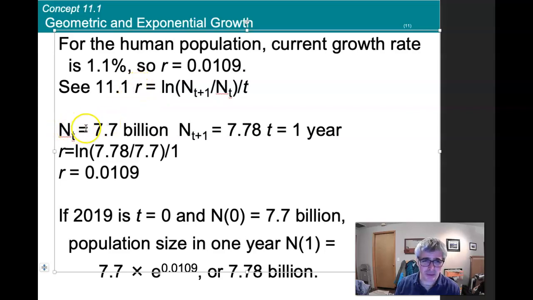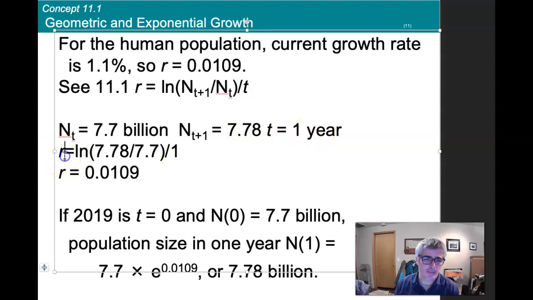So we're starting with an initial population N(t) of 7.7 billion, and we know N(t+1). If this is last year and this is this year, N(t+1) is 7.78 billion, based on this 1.1% population growth, and the time interval was 1 year.